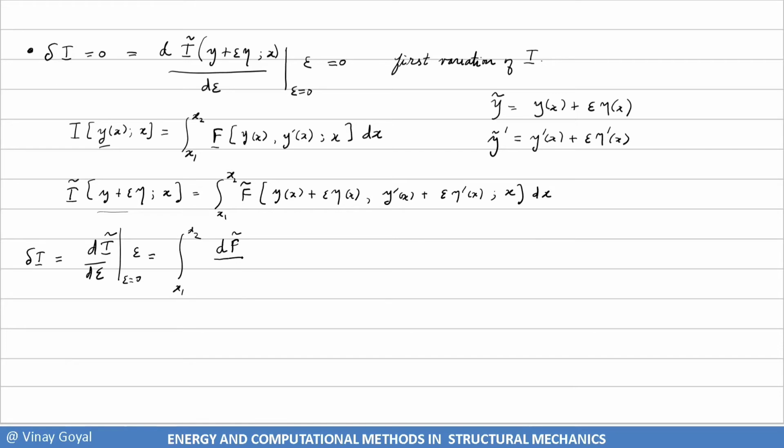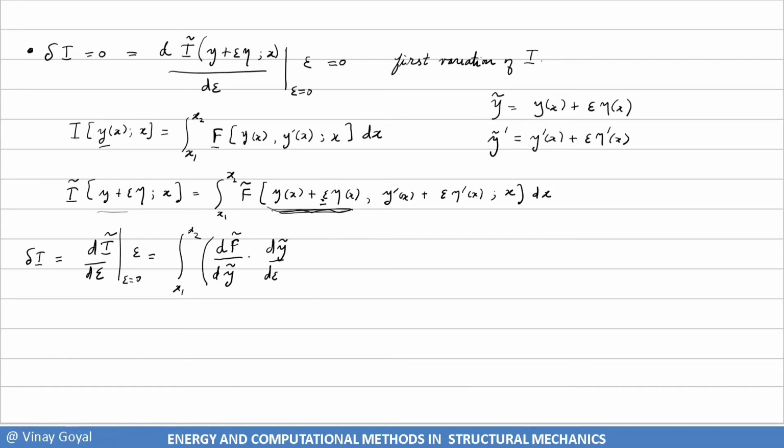I want you to notice this: the derivative that needs to be taken is with respect to epsilon, but f is a function of this whole thing. So I need to take the derivative a little differently. First I have to take the derivative with respect to y tilde, chain rule, then with respect to epsilon. That's my only way to do that derivative, because f depends on y tilde, but y tilde depends on epsilon.